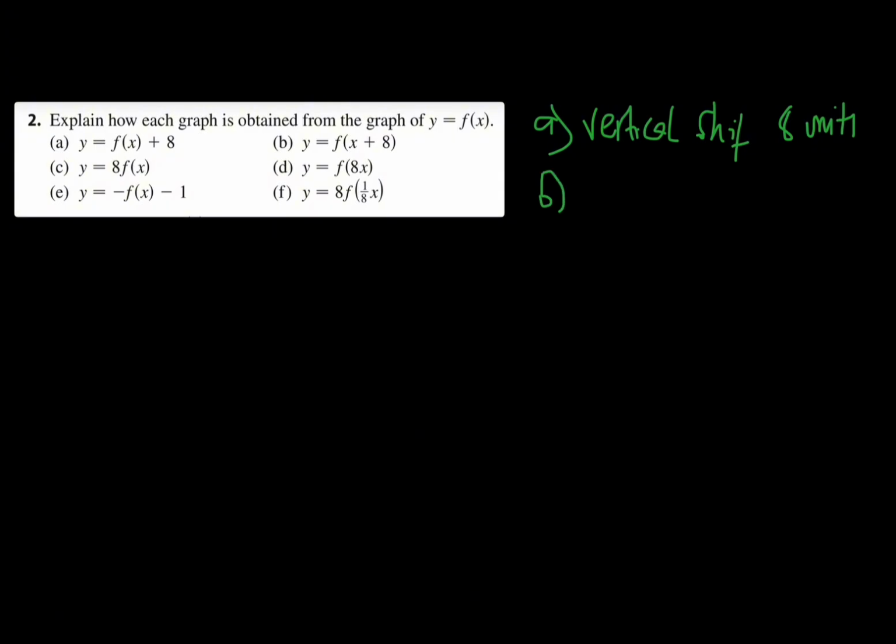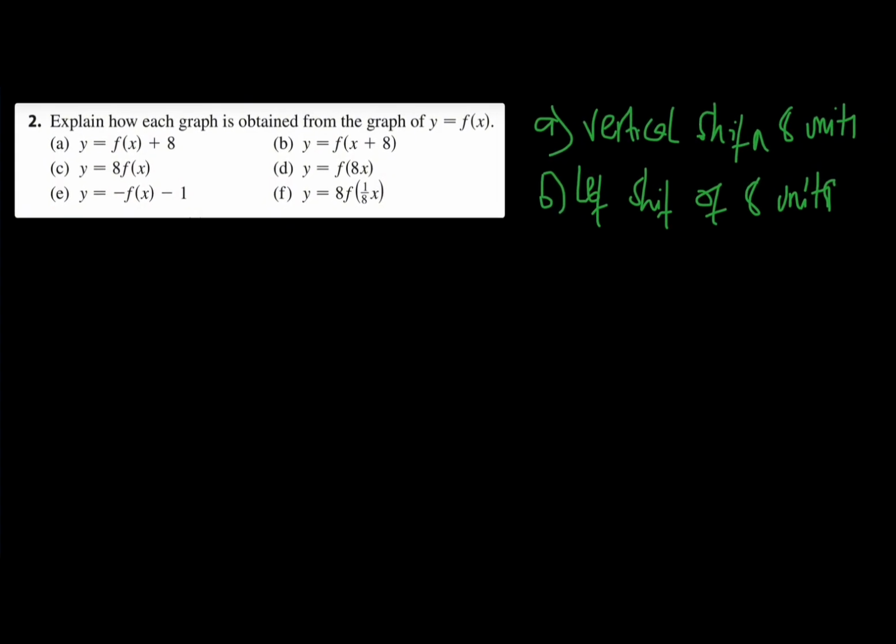B is y equals f of x plus 8, meaning that x plus 8, the x has shifted to the left. So left shift of 8 units. For A, a vertical shift upward, it has to be indicated that the shift was upwards. Vertical shift upwards by 8 units.